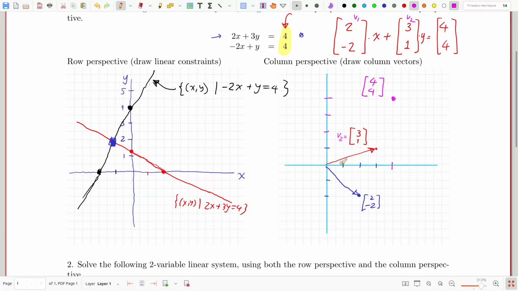So the span of V2, if you just scale 3, 1, looks like this blue line. The span of V1 is going to look like this.